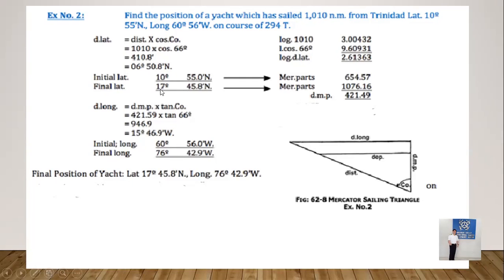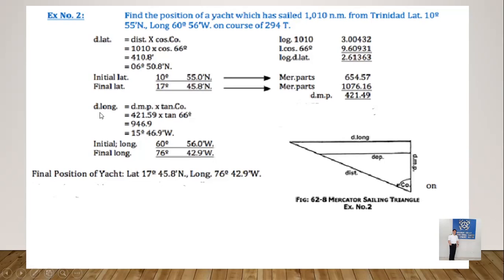Okay, and then you have your initial latitude, 10 degrees 55 minutes north, and then the final latitude is 17 degrees 45.8 minutes north. And the meridional parts, take it from the Norie's tables or use the formula that I've given you. The DMP will be 421.49.